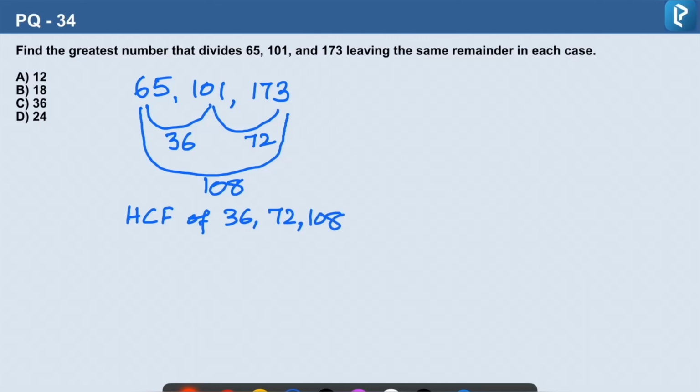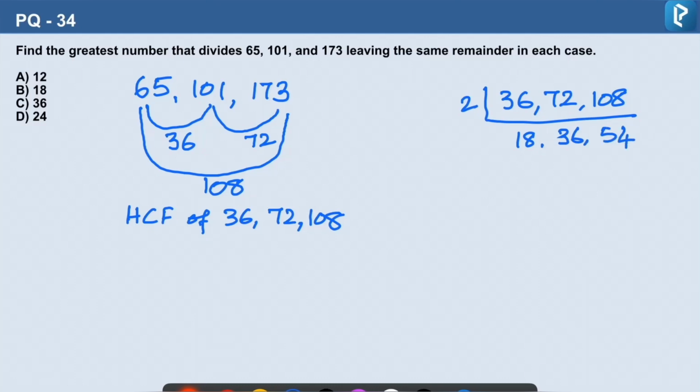So let us divide these three numbers with a common divisor. 36, 72, 108. The lowest prime number 2 divides all the three numbers: 18, 36 and 54. Again divide by 2: 9, 18, 27.